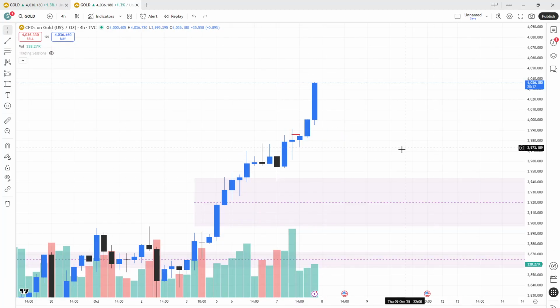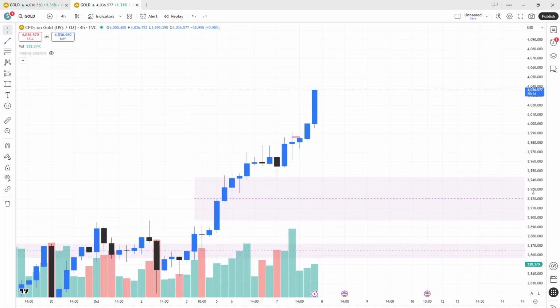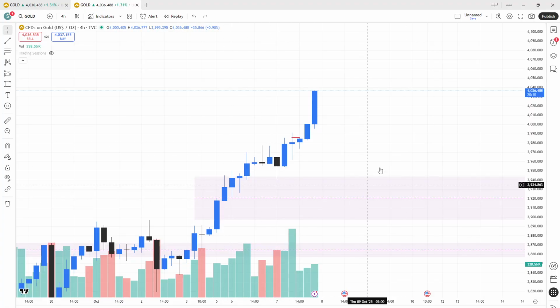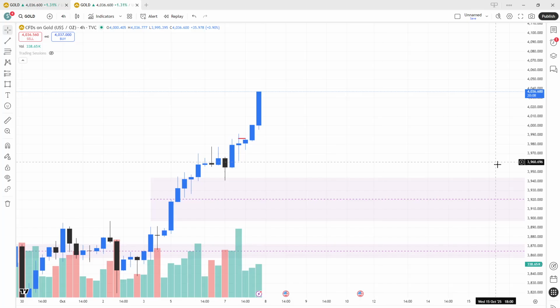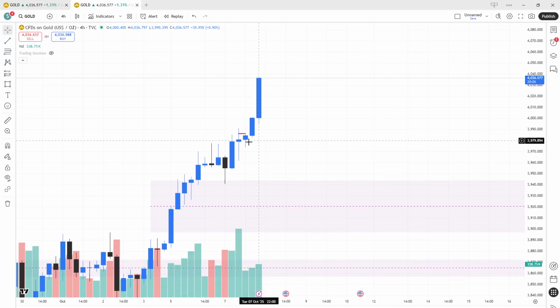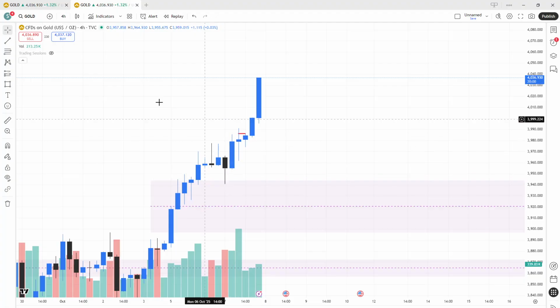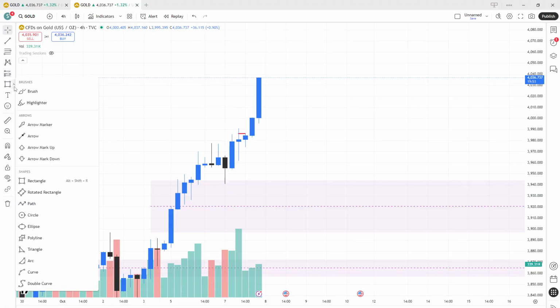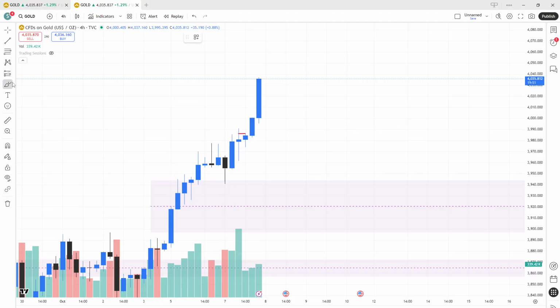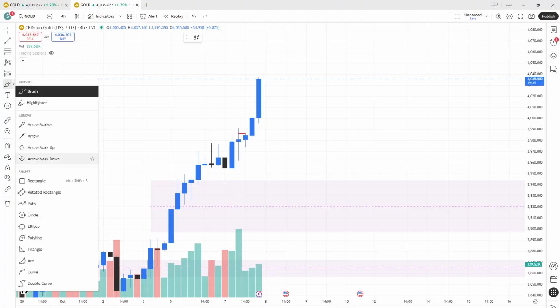All right. Right here, basically, from where we marked up the price inefficiency, we saw that price came back and tested that level. Okay, and from there I noticed that there was this big candle. In trading we call this an engulfing candle, right here.